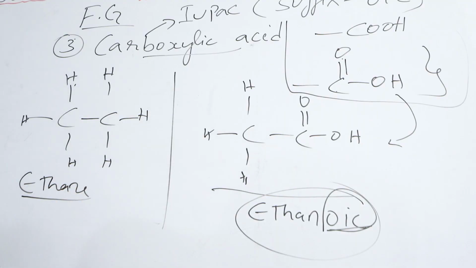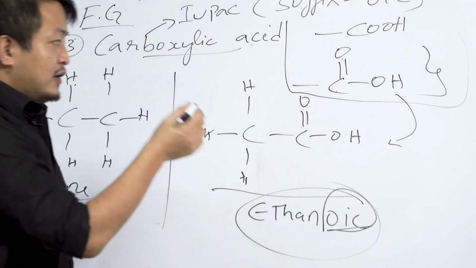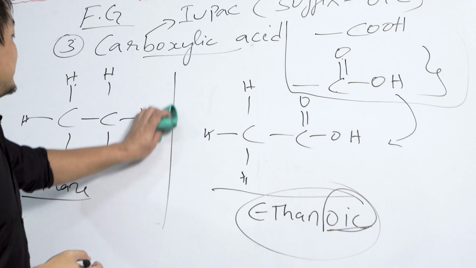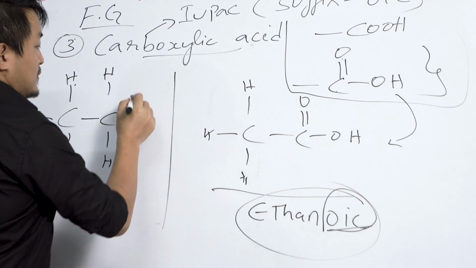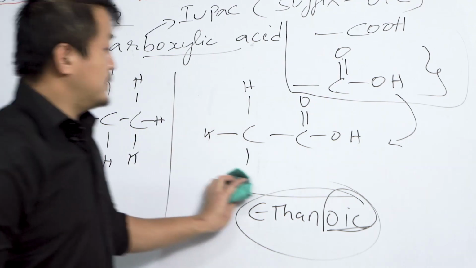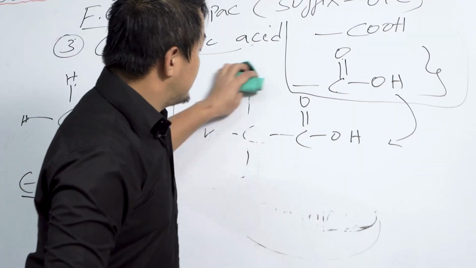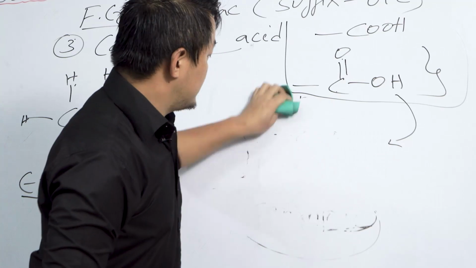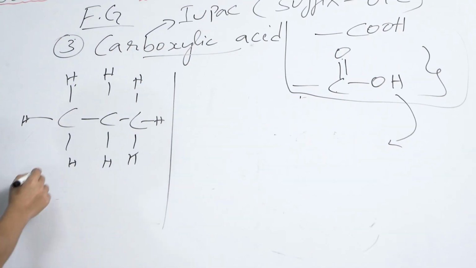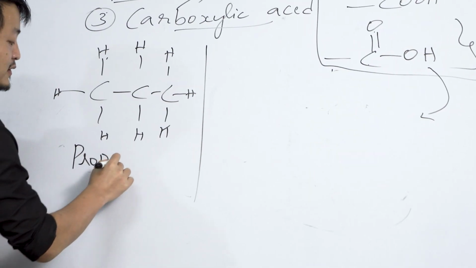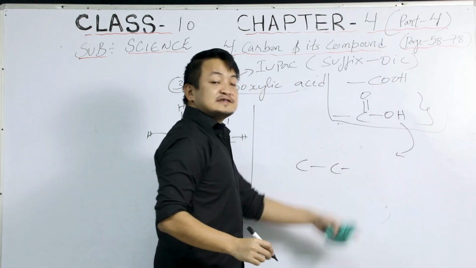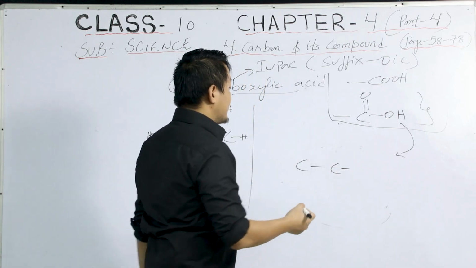Now let's see what will happen if we have a functional group COOH in a propane. So students, now this is propane. Now let's see if we have this COOH in a propane.